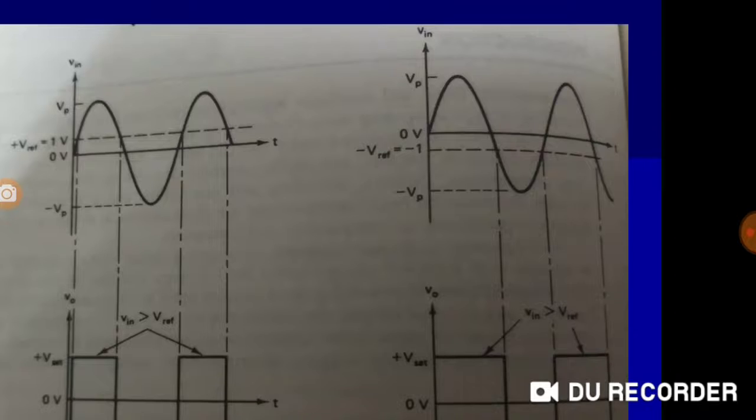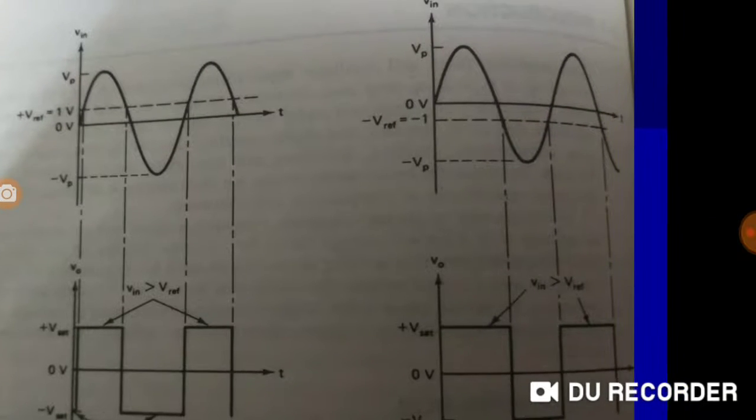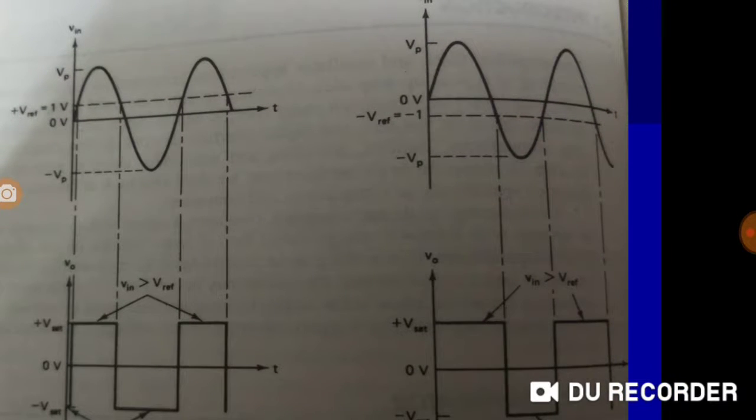Now let's take a look at the input and output waveforms when the reference voltage is negative. This is the input signal, the zero level, and this is minus V reference, that is minus 1 for our consideration here. This is the negative reference voltage.